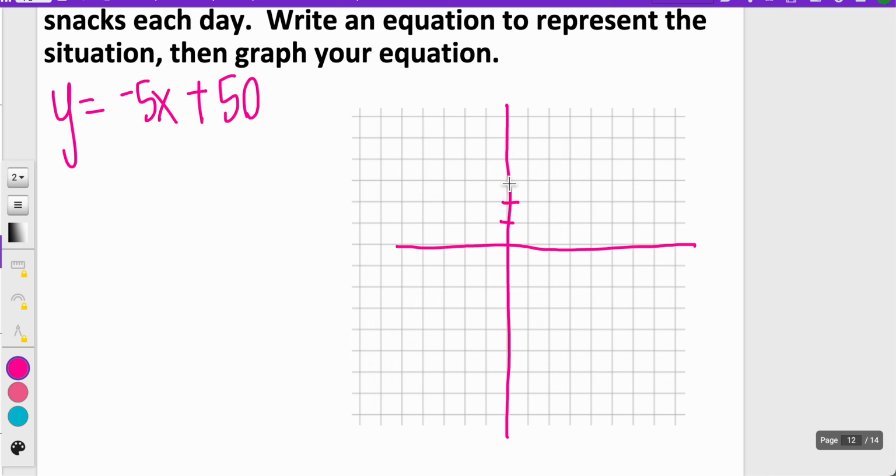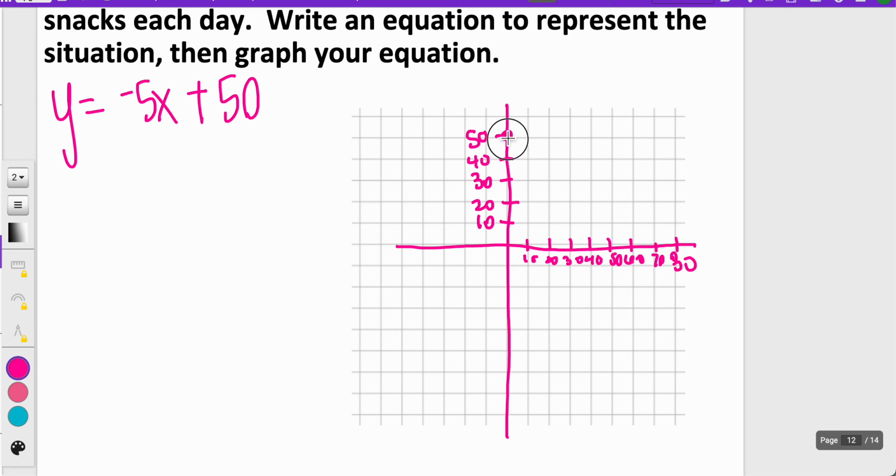So 10, 20, 30, 40, 50. And then these would still have to be the same interval just to make sure my graph is all even. So 10, 20, 30, 40, 50, 60, 70, 80, okay?